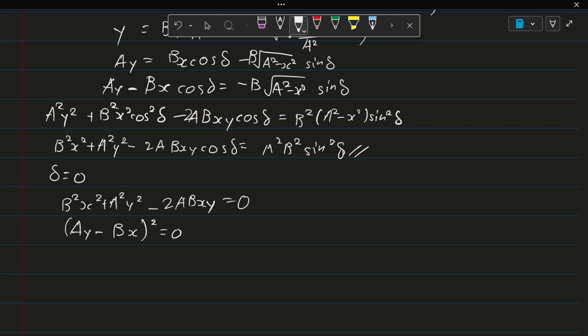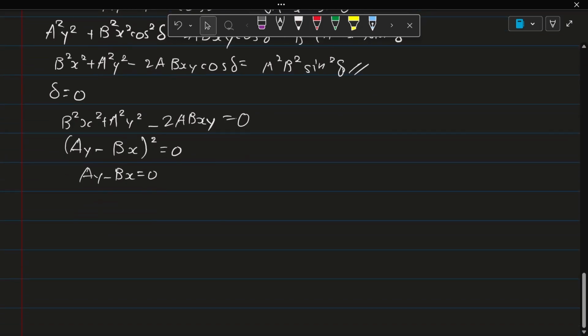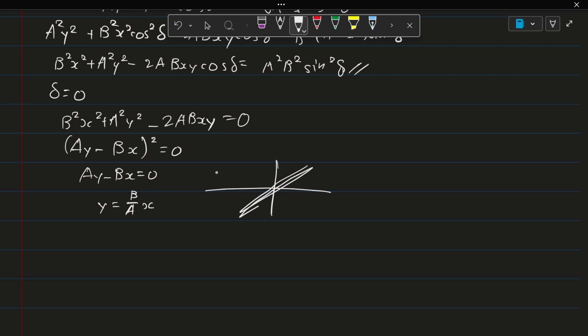Or basically, it's the same thing as ay minus bx equaling 0, or the negative version. And so you would notice that this must be y equals b over a times x. This is a trajectory that oscillates along a line, as long as delta is 0, or basically when alpha minus beta is 0.